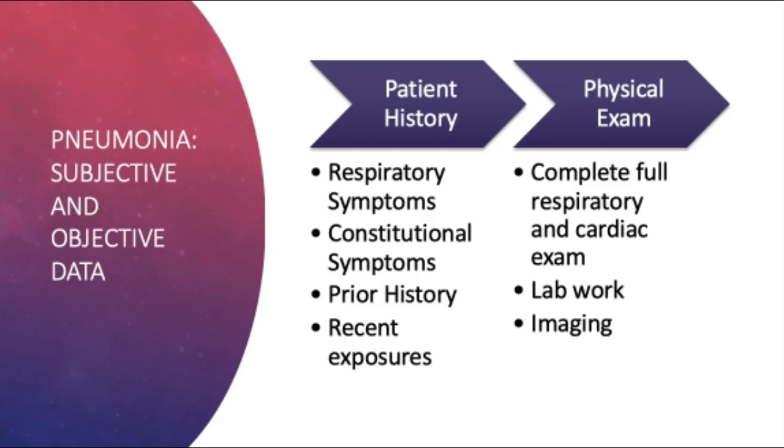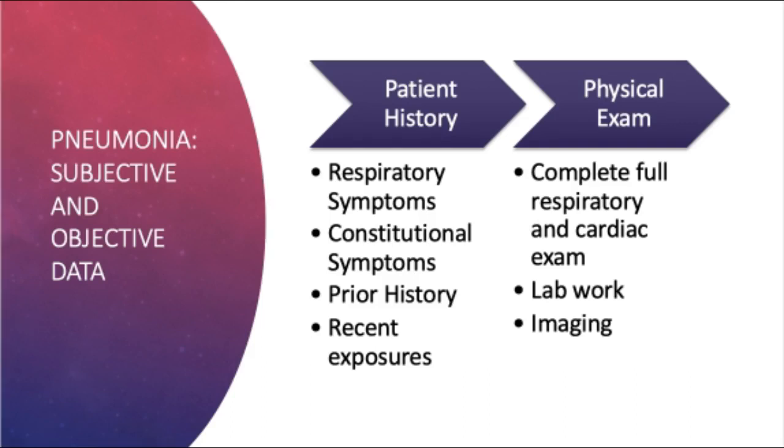So we want to look at duration of symptoms. Are they having a cough? Is there sputum production? Are they having shortness of breath? Is there any hemoptysis? Is there chest pain, wheezing, recent sick contacts, any travel to possible areas with endemic conditions?